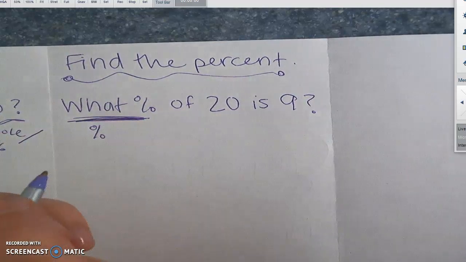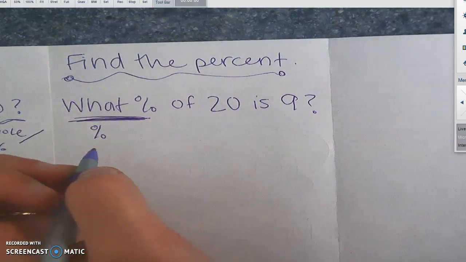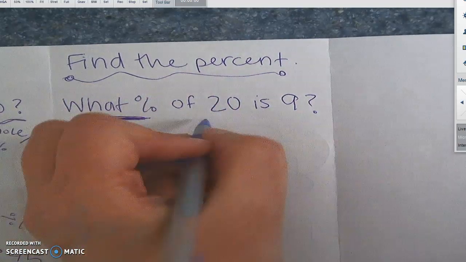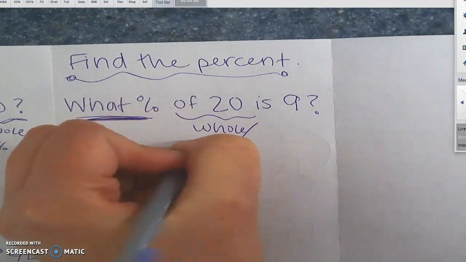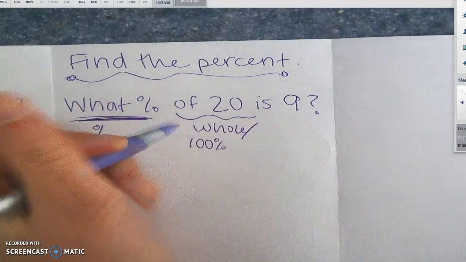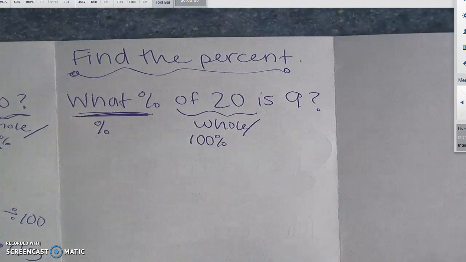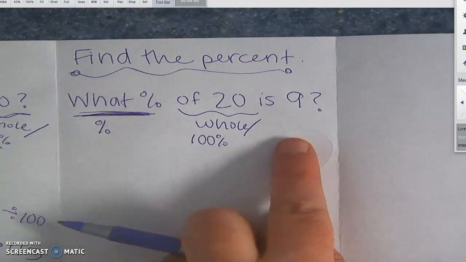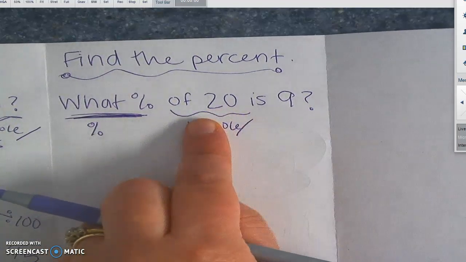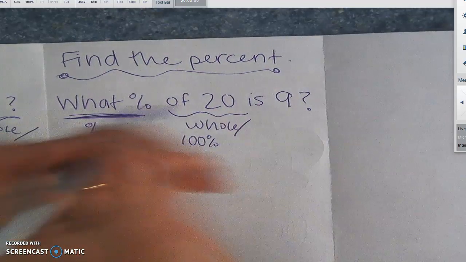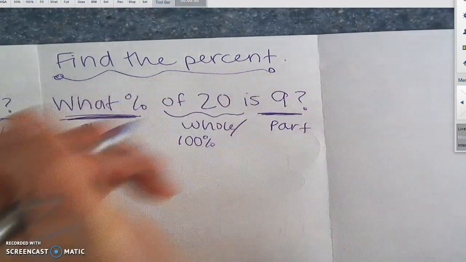Of 20. Of is telling me that this is my whole, which is also my 100%. So 20 is my number that lines up with 100% in my table. And then is 9, that's telling me that that's my part. So what percent of the whole 20 is the part 9? I'm going to underline that and label that it's my part.